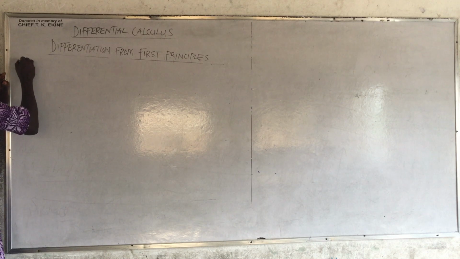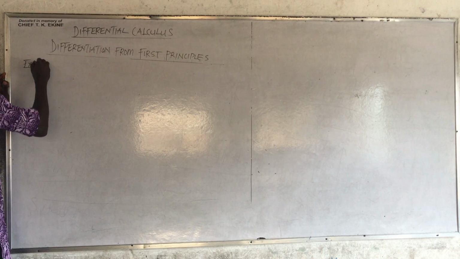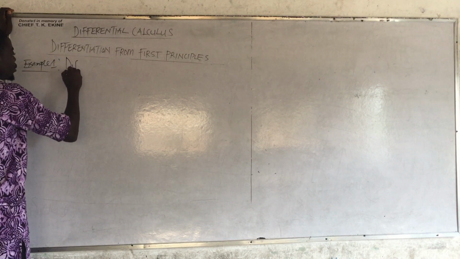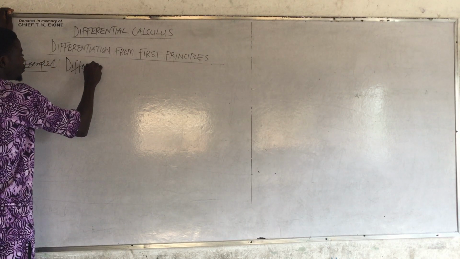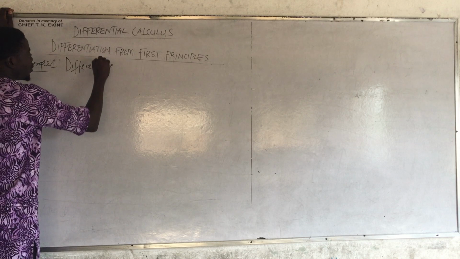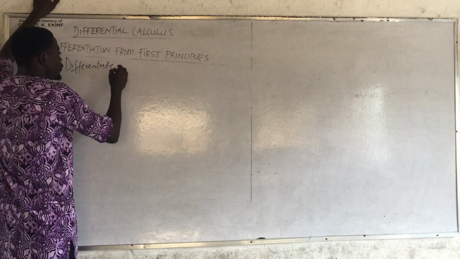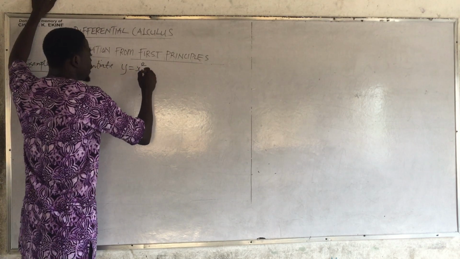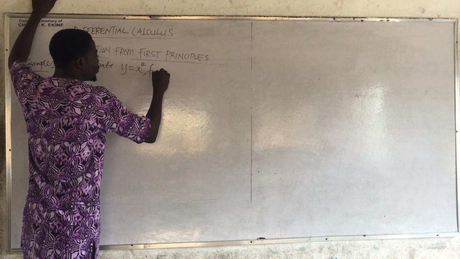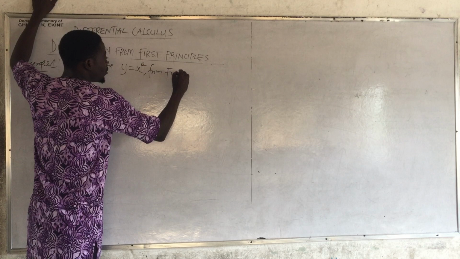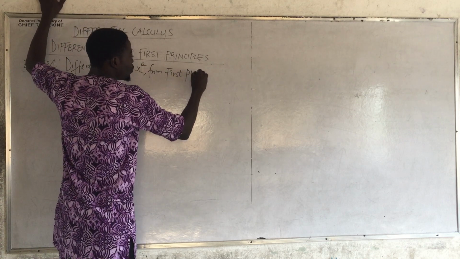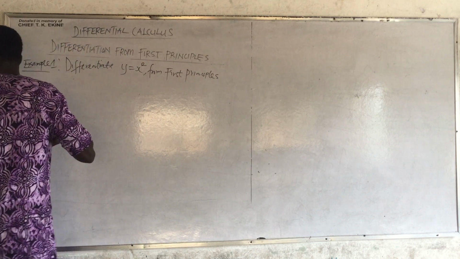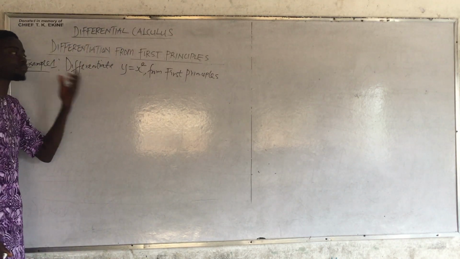Example 1. Let's differentiate y equals x squared from first principle. Now, how do we do this?